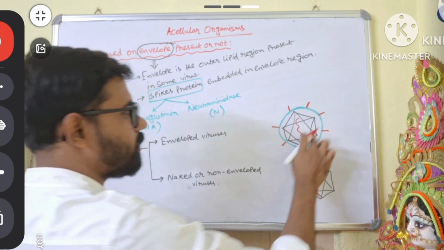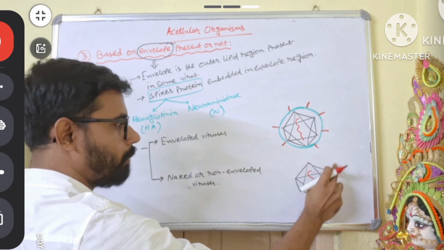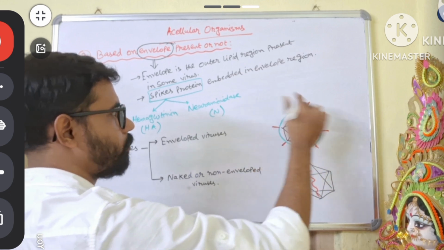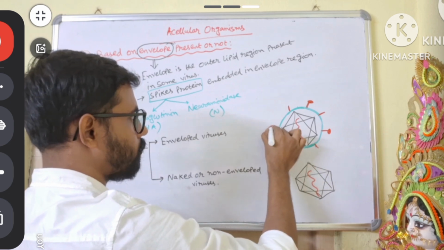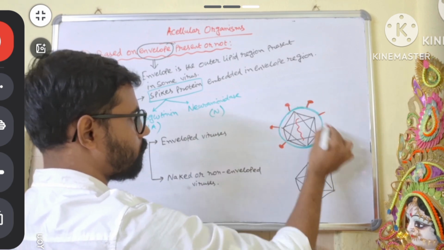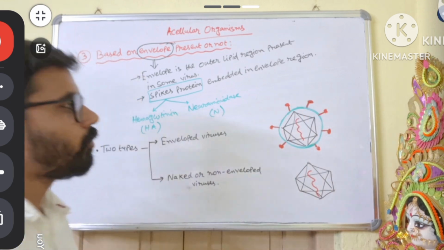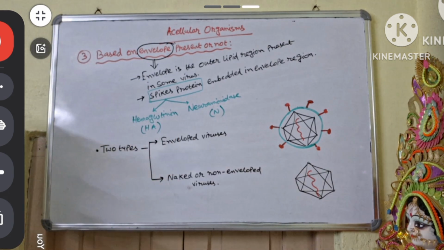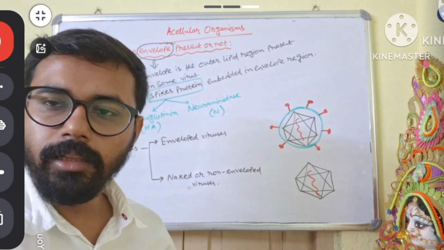Capsid symmetry is icosahedral here. This is the capsid, inside the nucleic acid is the red one, then the envelope, and these are some spike proteins. Two types of structure, one is hemagglutinin, the other is neuraminidase.